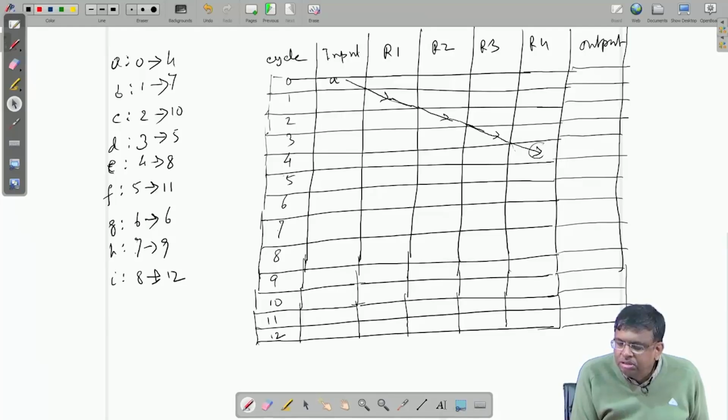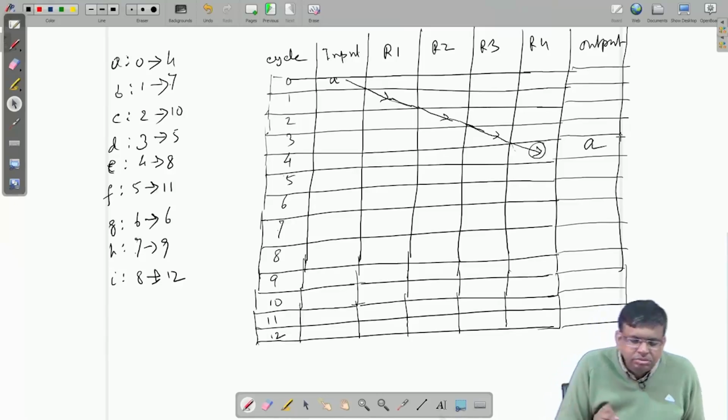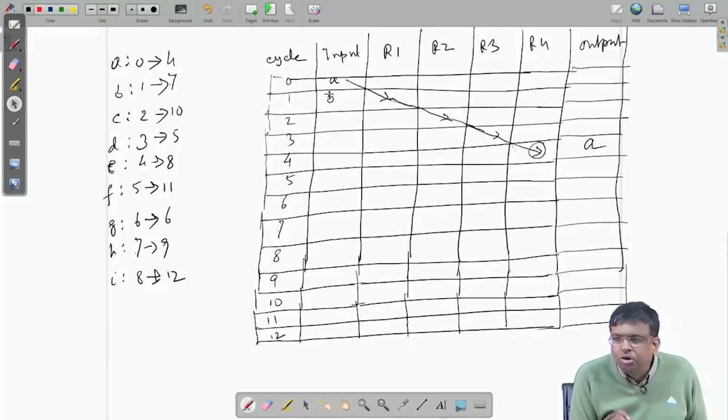So, we put a circle and write here that at this cycle I get an output A. Then comes B. B is born in cycle 1, so I give B here. You see there is no conflict. A is given to the input of R1 in cycle 0, then A moves to the output of R1 in cycle 1, and at that time I give B at the input of R1. Then in cycle 2, R2 stores A and R1 stores B.